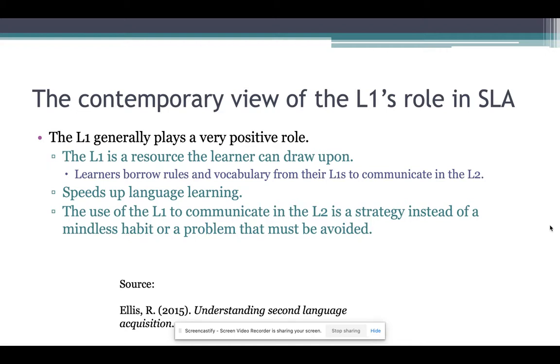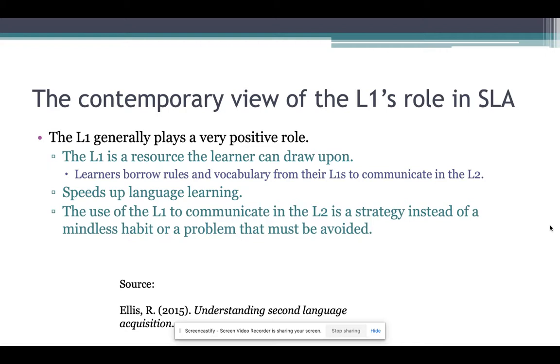So, borrowing rules from the L1 to communicate in the L2 speeds up language learning a lot. In this view, the L1 is seen as a resource the learner can draw upon when struggling to communicate in the L2. And the use of the L1 to communicate in the L2 is viewed as a kind of clever strategy instead of a mindless habit or a problem that must be avoided.